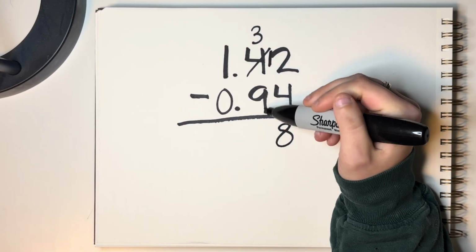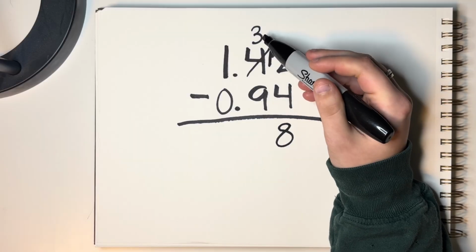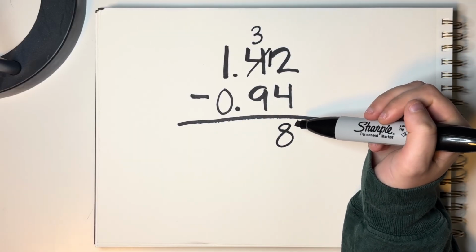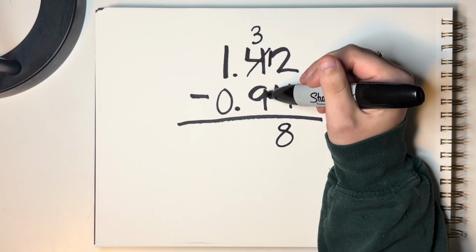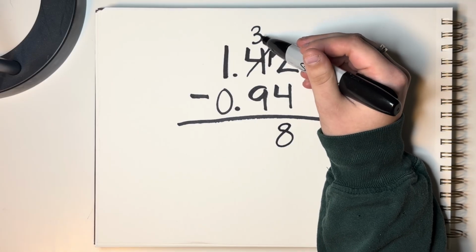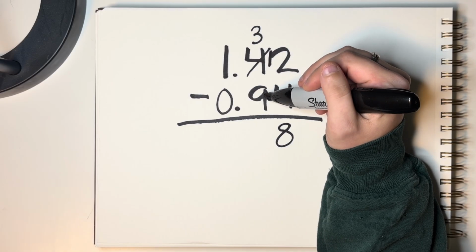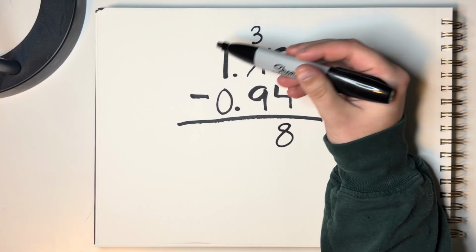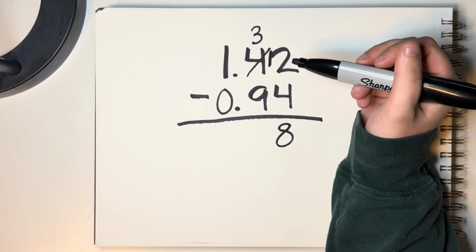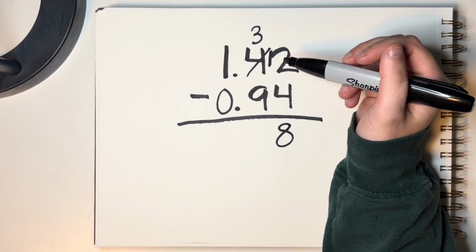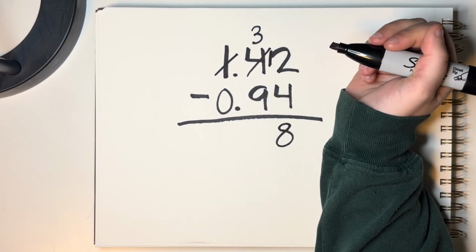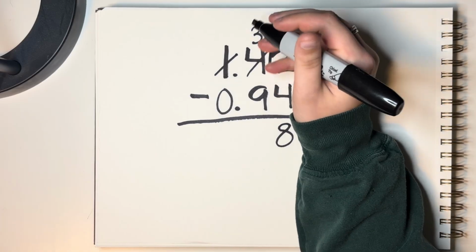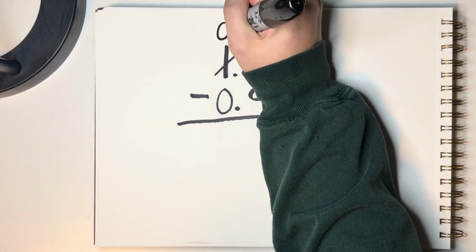And then I'm going to move over to my next place value, my 10ths place. Again, we see a similar issue. 9 being taken away from 3. 3 minus 9. 3 is not a large enough number for me to take 9 away from it. So I have to, again, go next door and borrow from the neighboring place value. So again, I'm going to cross out the value I have next door. This 1 is now going to become a 0.